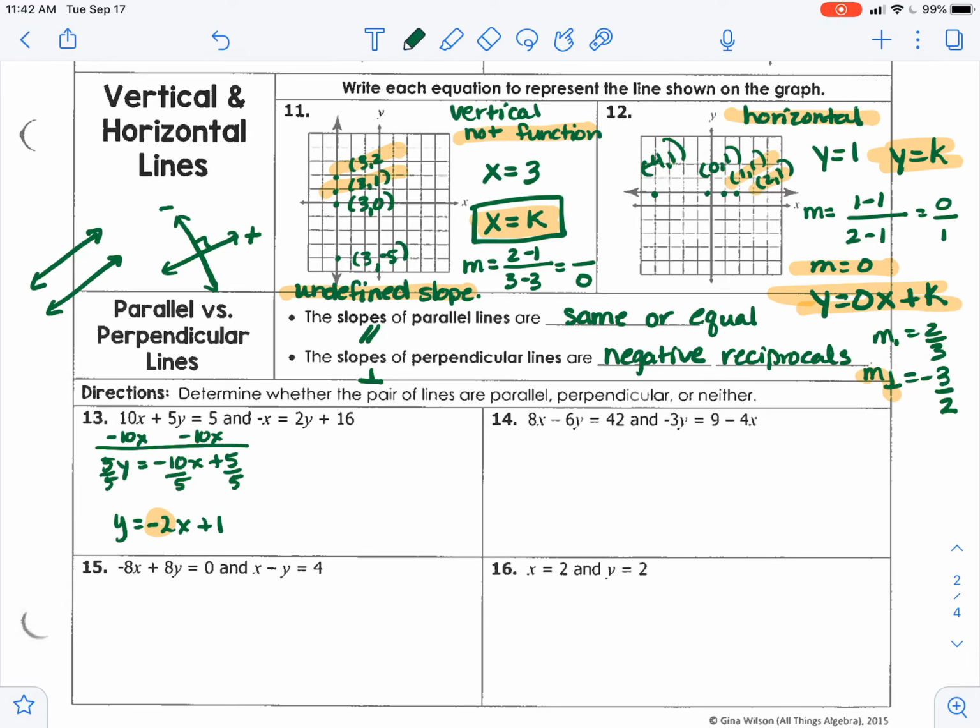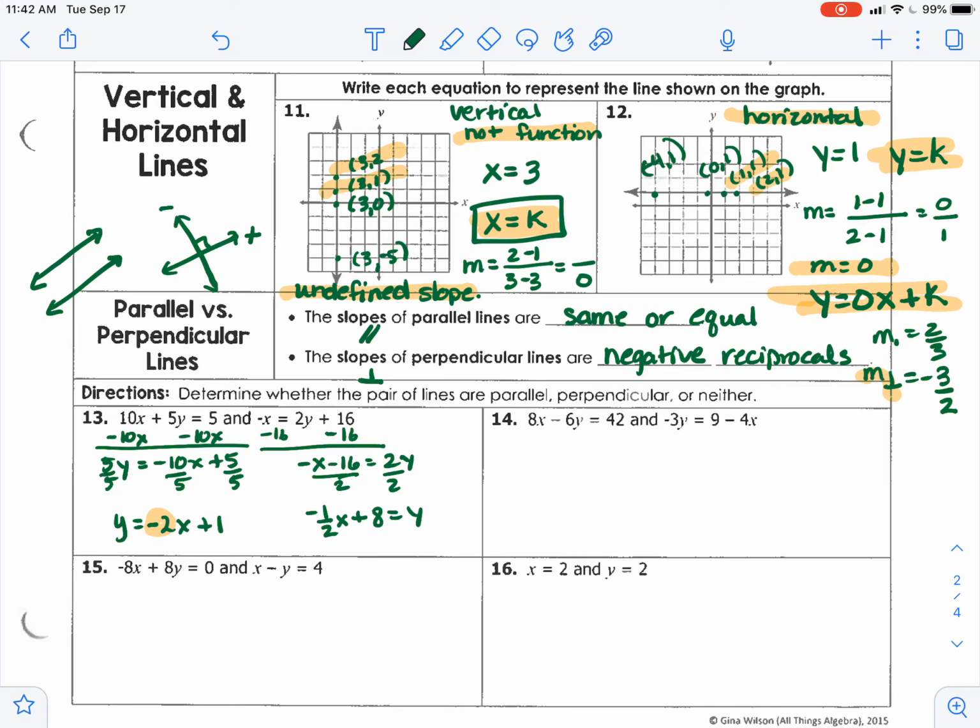So I'm going to do the same thing to the next one. In this case, the y is already over on this side, so I'm just going to move my x over. So I have negative x minus 16 equals 2y. I'm going to go ahead and divide by 2. So negative 1/2 x plus 8 equals y.